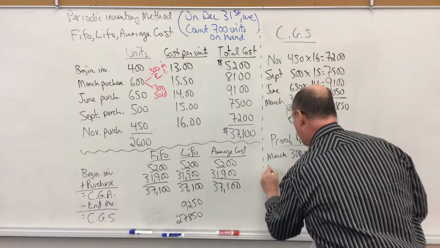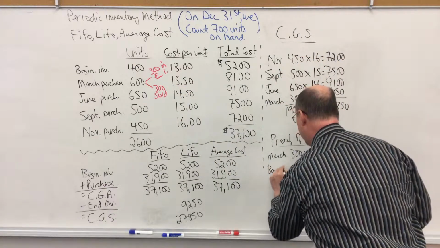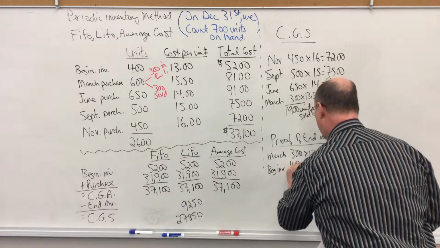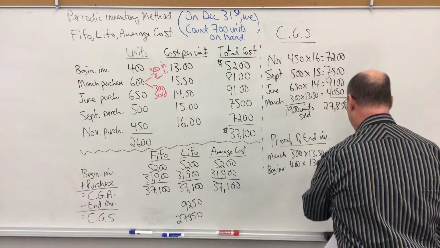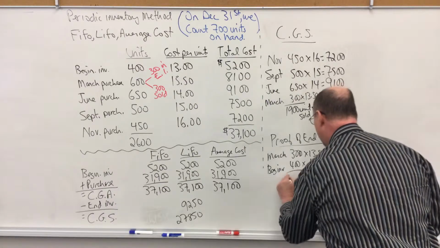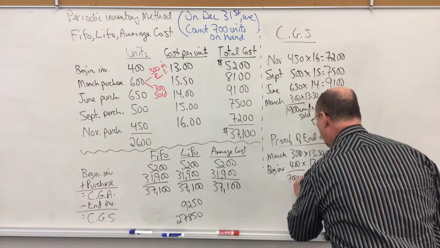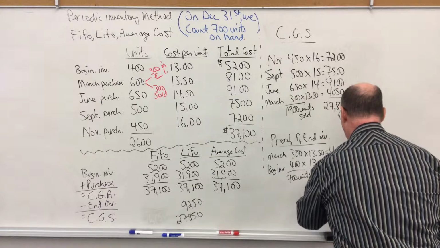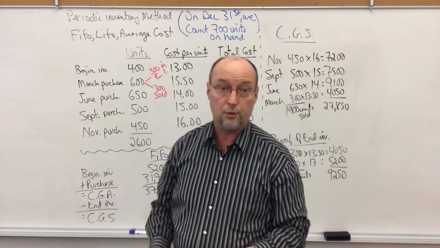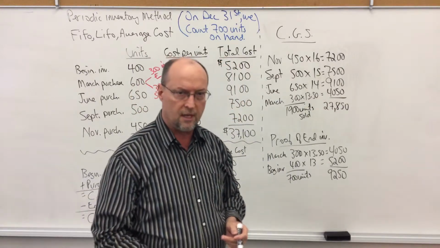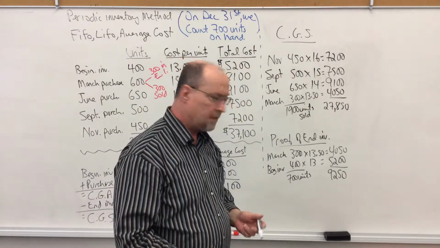And then beginning inventory, we had 400 units at $13 a piece. That's 5,200. There are my 700 units at a value of 9,250, and so we simply proved that ending inventory is 9,250. Very simple.